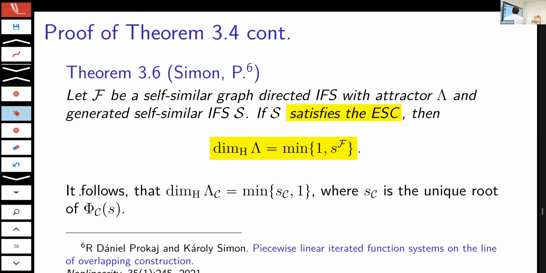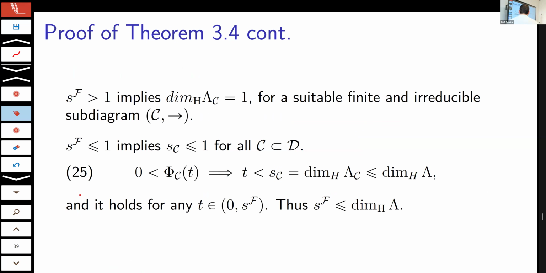We proved it for self-similar graph-directed iterated function systems, and the C subdiagram I'm using in the approximation is finite. So it defines a graph-directed system, so it has dimension equality.